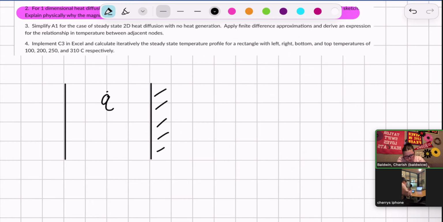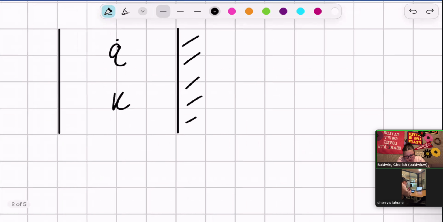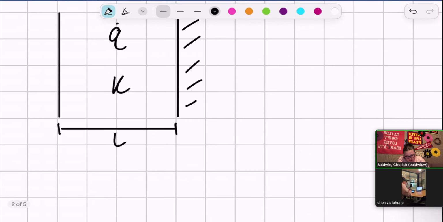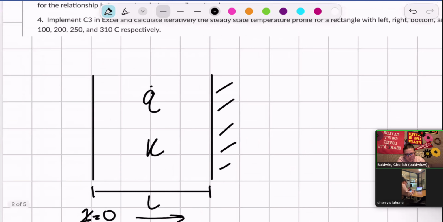Q dot, k. And this has a length of L. This is x equals 0, so this is the positive direction.